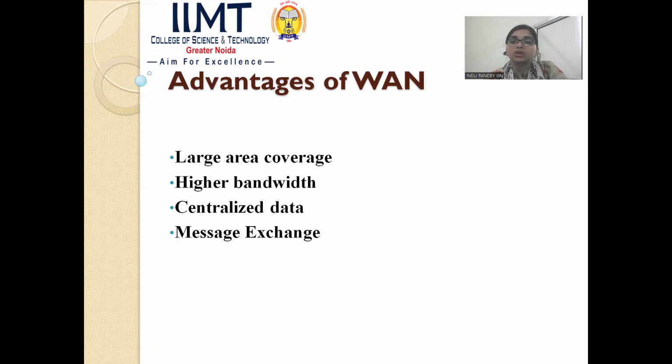This is also one of the very important advantages of WAN over other networks we use in our day-to-day life. Message exchange: we can exchange messages from one network to another network without affecting speed. It can help in smooth transmission of data between the devices.